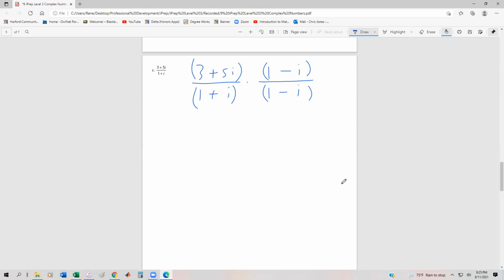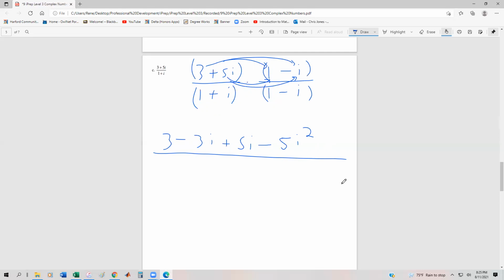We're going to have to FOIL in both the numerator and the denominator for this one. So 3 times 1, 3 times -i, 5i times 1, and then 5i times -i. So this becomes 3 minus 3i plus 5i minus 5i squared in the numerator.